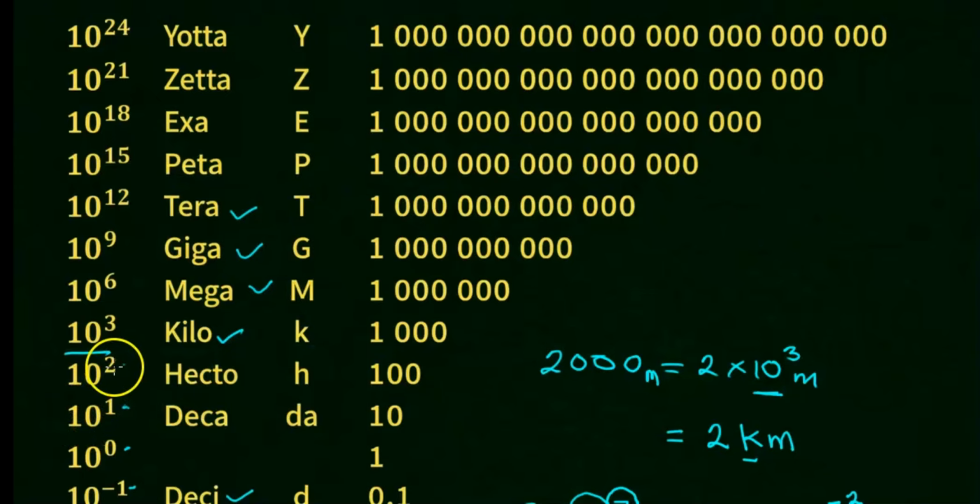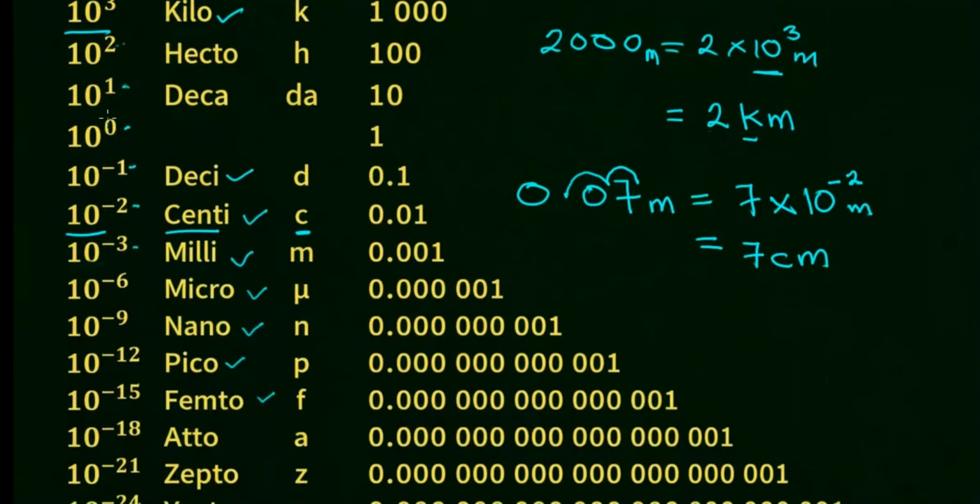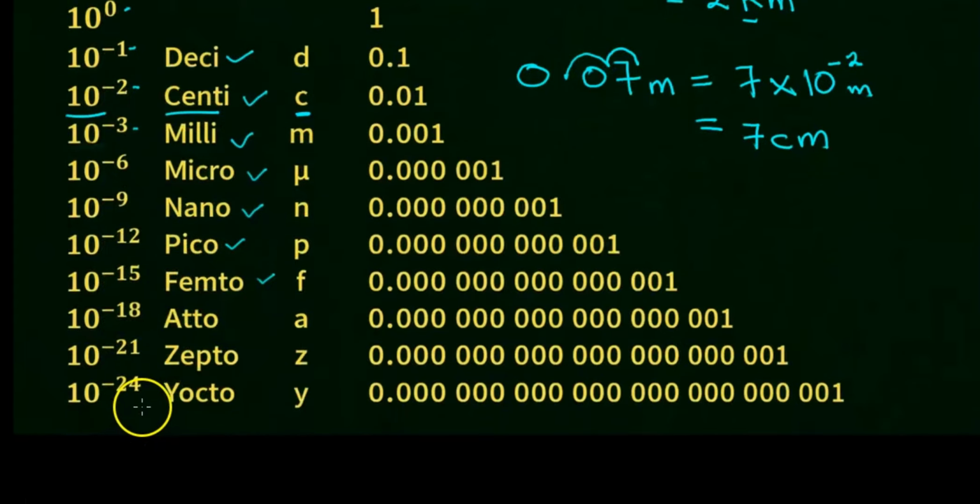From 3 onwards we have the powers to be multiples of 3: 3, 6, 9, 12 onwards. Likewise, if you come down here, the submultiples, we have -1, -2. Then after that we have multiples of 3: 3, 6, 9, 12 downwards.